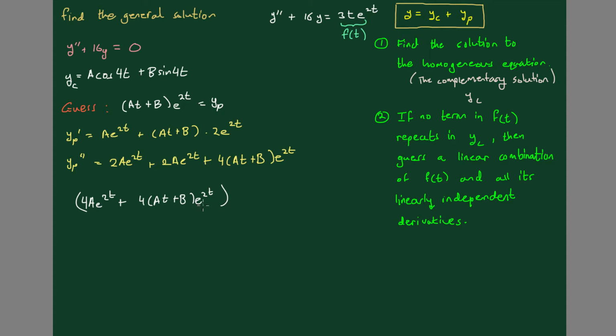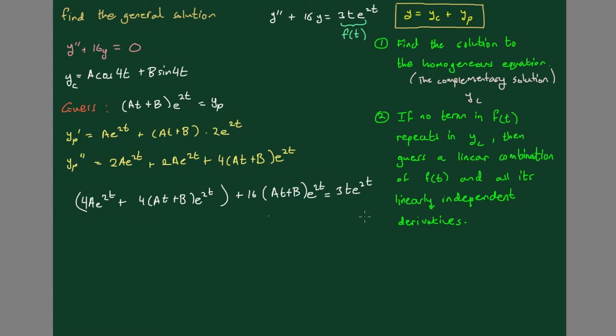So this is the double prime, and then we have to add 16 times y. So plus 16 times, and y here is going to be our yp. So 16 times at plus b times e to the power 2t, and that's going to be equal to our f of t. So 3t e to the power 2t.